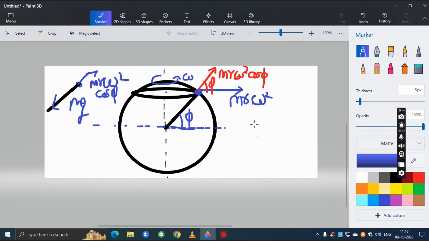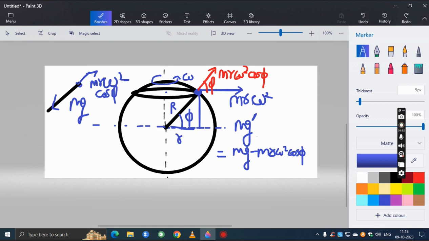Now what is the net force on this object? Let me call that the new weight, so we can see the variation of g now. So mg dash is going to be mg minus m r omega square cos phi. And notice, this is the radius of the Earth and this is small r, this distance.